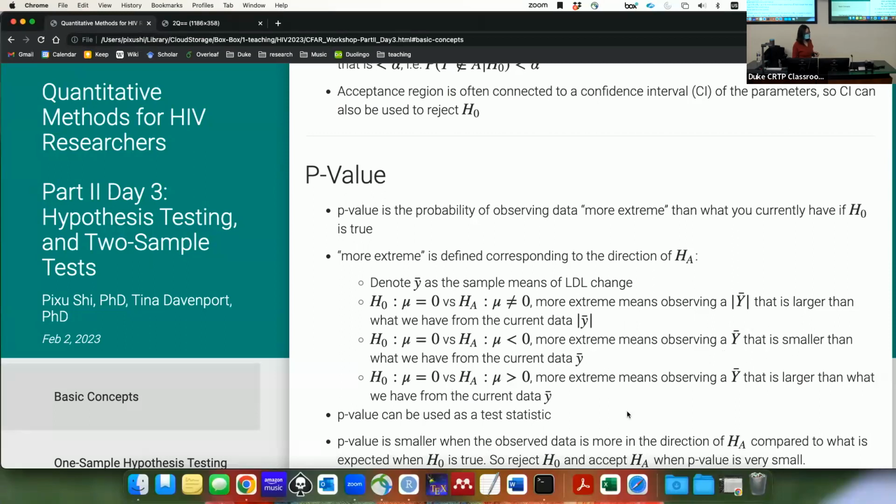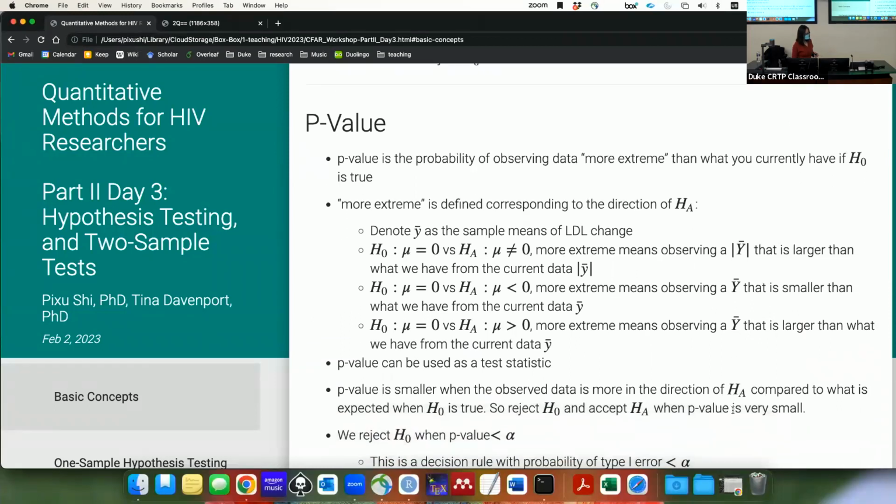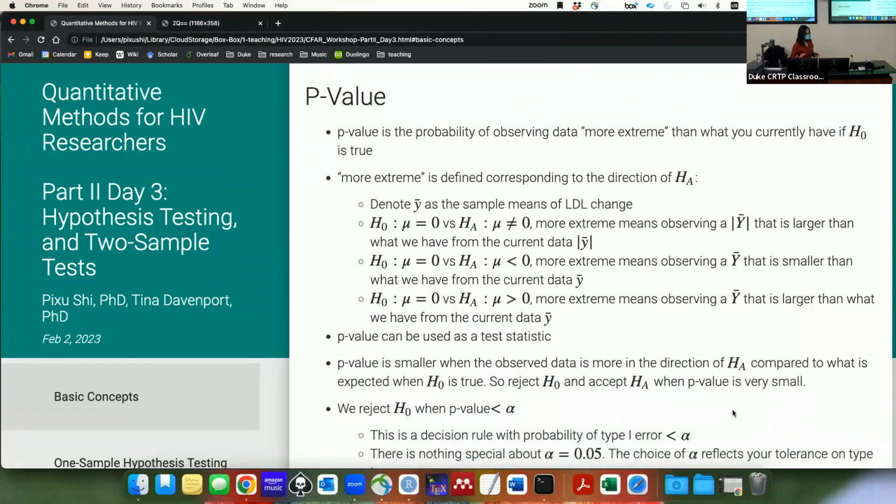In the third situation, the p-value is the probability of observing a y bar that's even larger than the observed y bar. Your p-value is the probability of observing a data set that's even more extreme, that's too extreme for your null, and you will reject the null hypothesis when this probability is small.